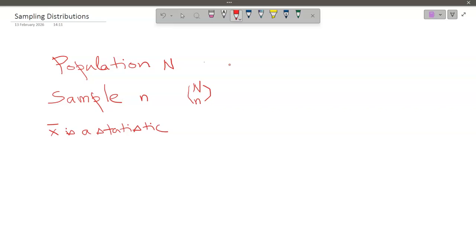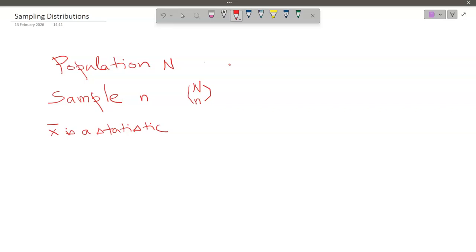And the value of x bar changes with the sample. There are capital N choose small n samples possible. For each such sample, there is a value of x bar. So x bar changes with the sample. Now we can think of the distribution of x bar.